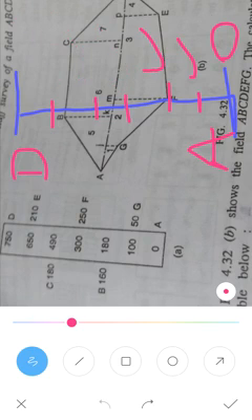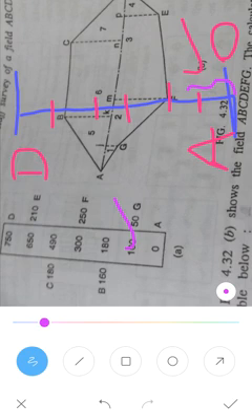First one, exactly from 0, from here to here, from here to here, that is 100 meter. So that has been written here. Next, from here to here, that is 180 meter. Got it?